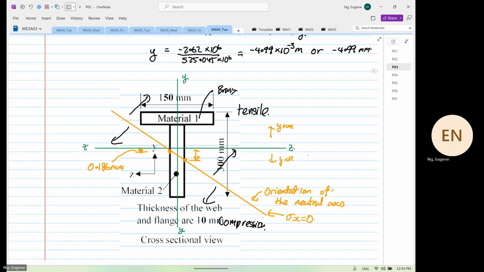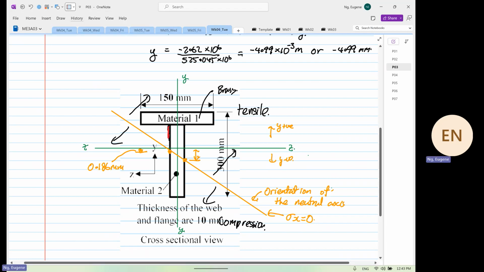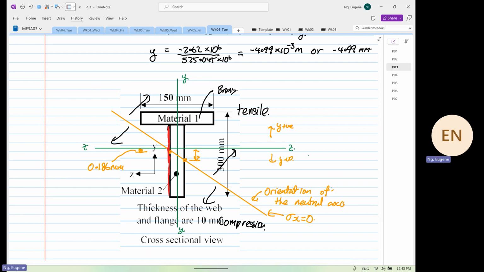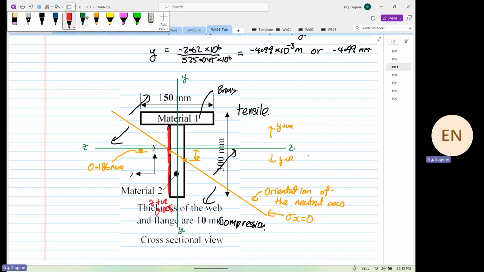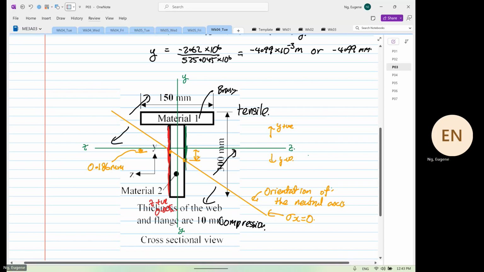Yes. Because I want to find at this location along the red line, right? What is constant? Z is what? Positive 0.005 meters. On the green line, Z is what?